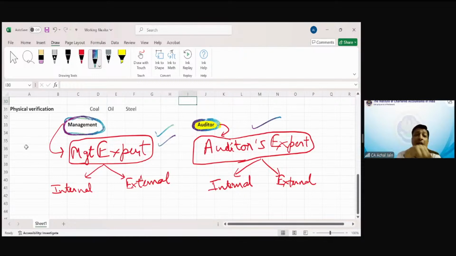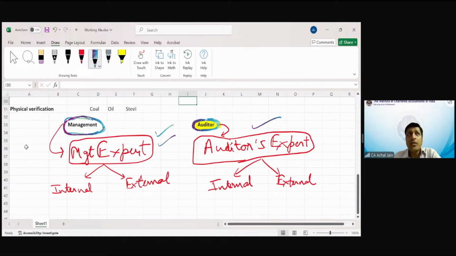Correct. Now for the inventory, just think about a company which has, let's suppose, 60 locations. And the number of items of inventory, even if we talk about one inventory type, in a company there could be thousands of types of inventories, and every type could be running into thousands. So we are talking about counting crores, or going beyond crores.